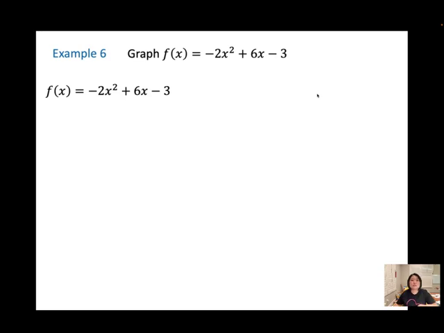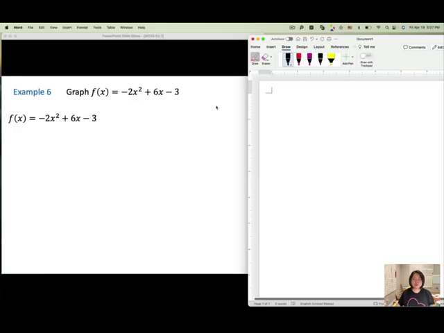Okay, this one. Same thing, we want to write it in standard form, right? Let's try to do this example together. For this one, we need to apply the completing the square method, but our coefficient for x squared is negative 2. So we need to make it a positive 1.